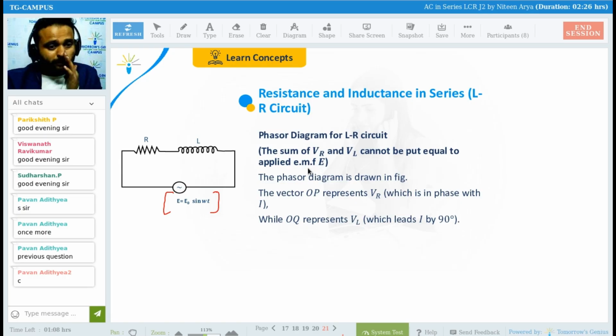If the instantaneous current is I naught sine omega t, then the voltage and current at resistance are in the same phase, whereas the voltage and current at the inductor are not in the same phase. So the overall phase is going to be changed. How much is that? Clear? That we need to find in different kinds of circuits.